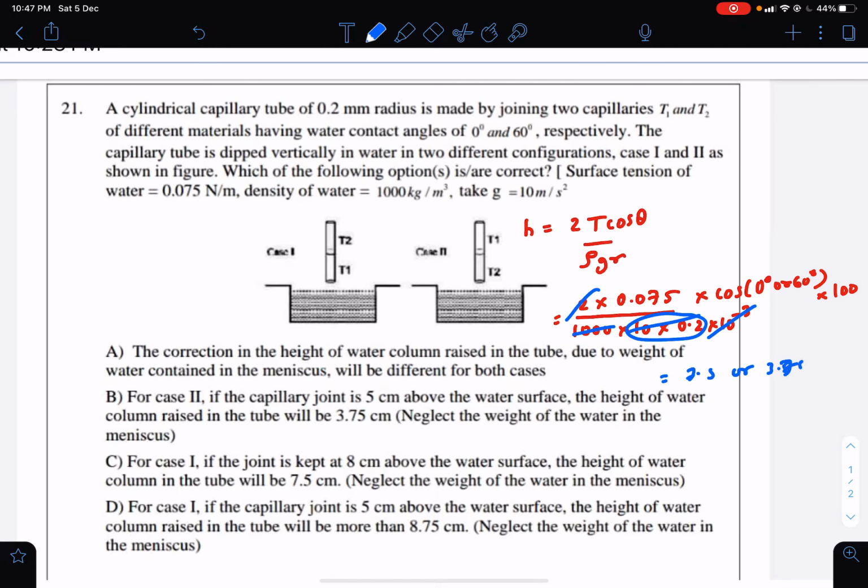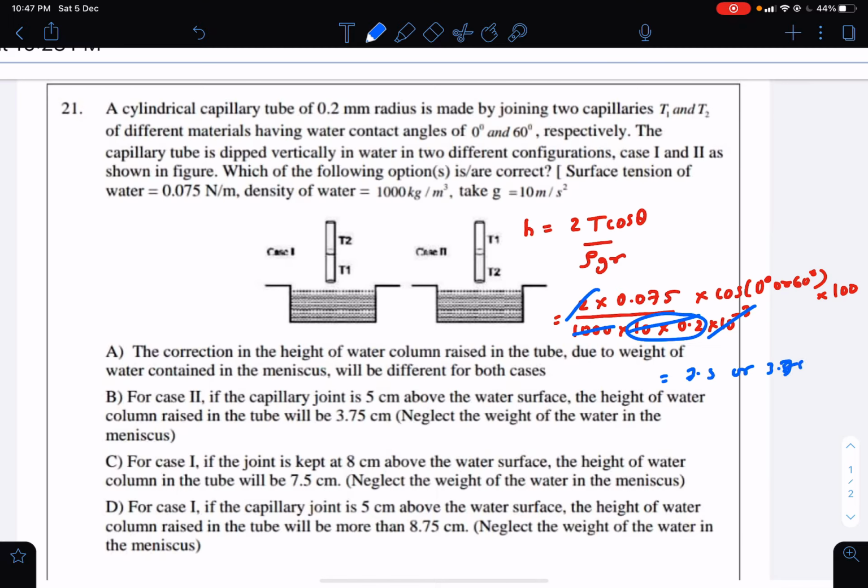Now the contact angle of water with T2 tube is 60 degree, because of which we already have calculated that the water likes to rise up to a height of 3.75, and so water will rise up to 3.75, and that's it. So the T1 tube is not going to play any role in it. Why? Because water can rise only up to 3.75.